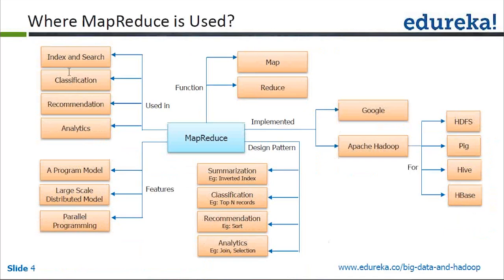You are using it for index and search. You are using it for classification. These are the typical areas where you have your business logic or some kind of algorithms. When we talk about classification, recommendation, these are some of the algorithms behind the scenes. So these kinds of applications are very apt for MapReduce.